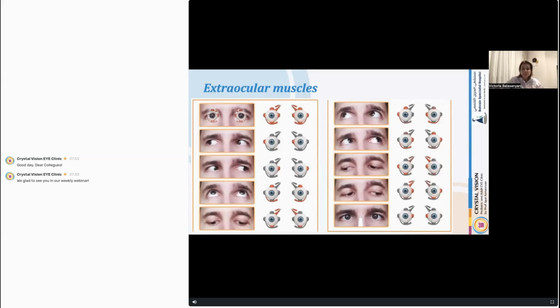These two muscles are antagonists. The nature of their action remains constant in any initial position of the eye. When the other four muscles contract, the final direction of movement primarily depends on the initial position of the eye, meaning the position of the eye at the moment the movement begins.